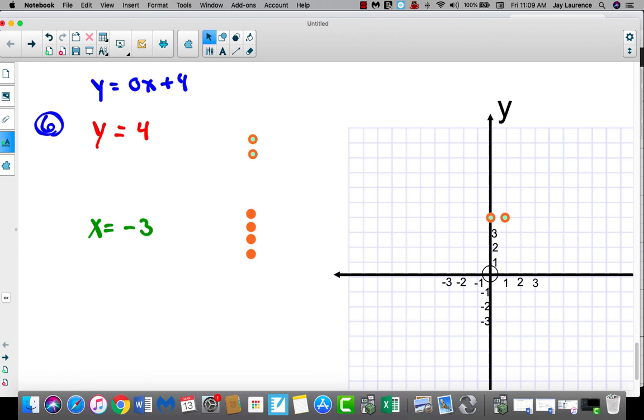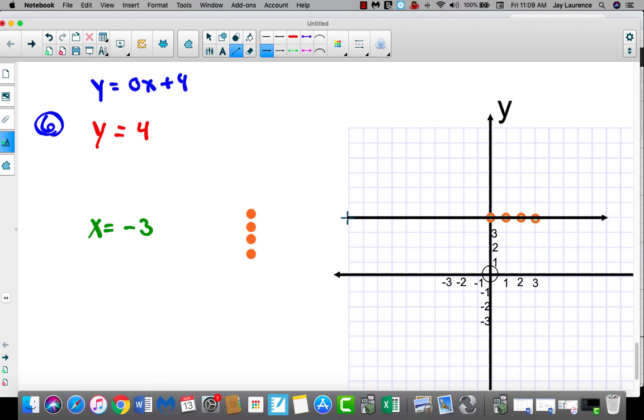So I'm going to rise 0 and run 1, and then rise 0 and run 1 again, and then I will draw that line in. I better change the color so we can tell what's going on.